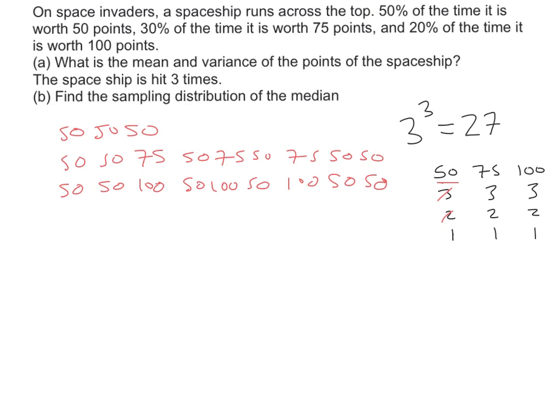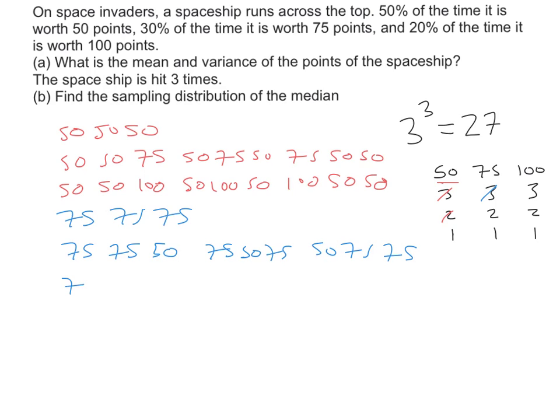Now I'm going to do when 75 could have 3. So that's 75, 75 and 75. Also going to list the times where it could have 2. So 75, 75 and 50, 75, 50, 75 and then 50, 75, 75.